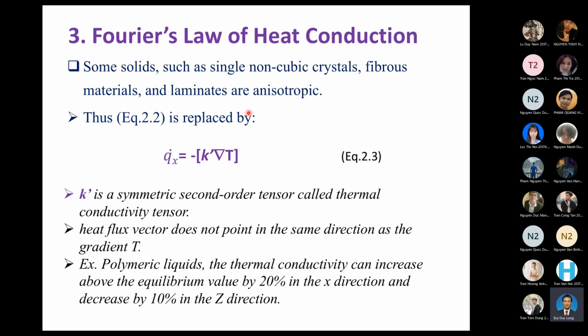But in the case of some solids, such as single non-cubic crystals, fiber materials, laminates, or anisotropic materials, k is different in different directions. So the formula is replaced by q in the x direction equal to minus k times the gradient of T. We have this one for materials that are not isotropic in thermal conductivity, meaning the thermal conductivity in different directions is different.